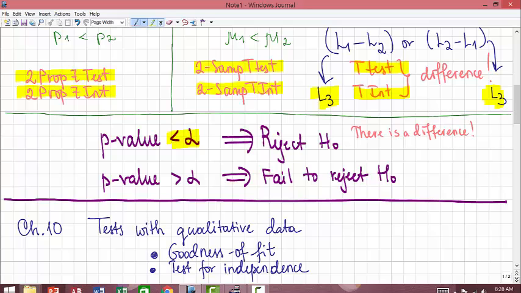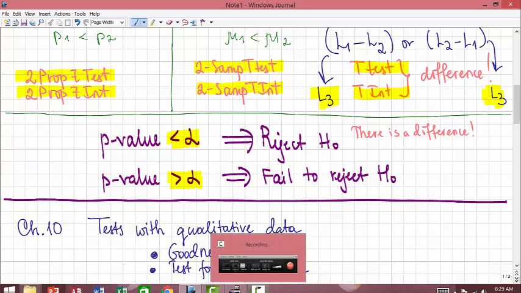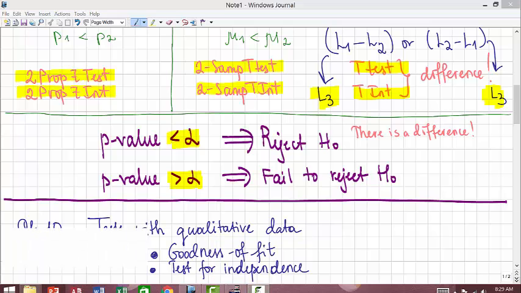If the p-value is large, bigger than the alpha level, we fail to reject H0. That means we cannot conclude that there is a difference. There might be, but it looks like the two samples are not different enough. That's what that would mean. So this is the first part of your review, and the next one will be coming up in a minute.